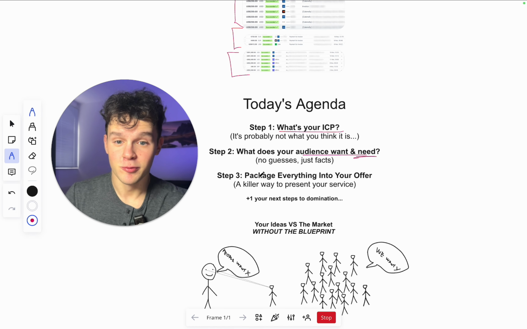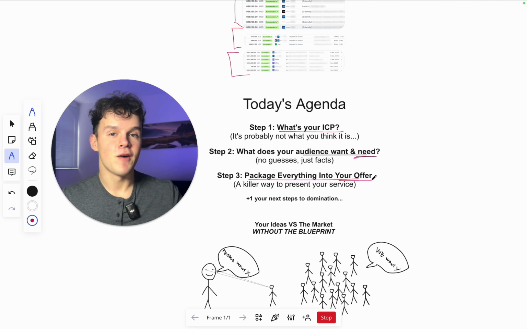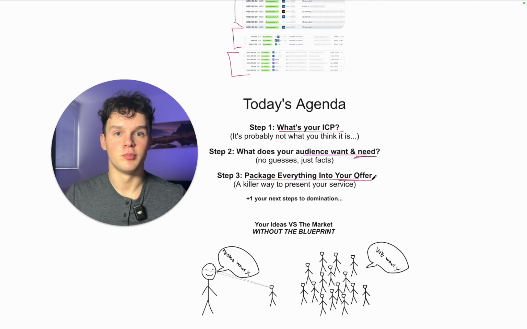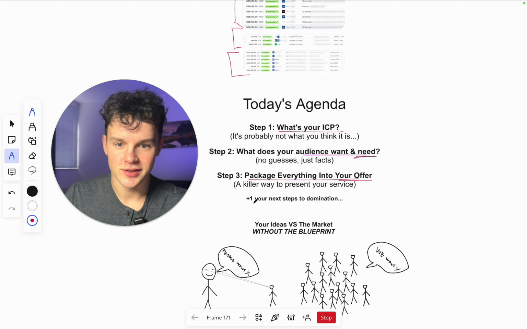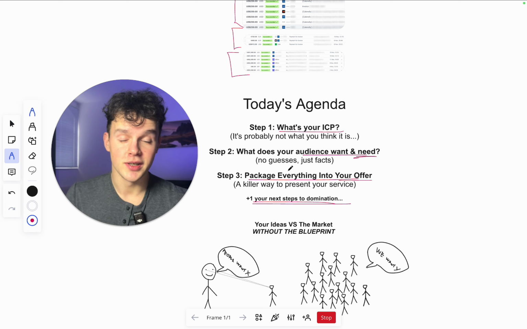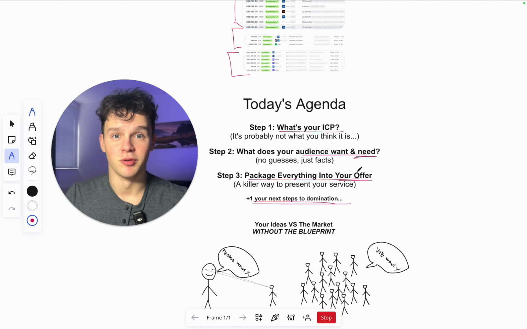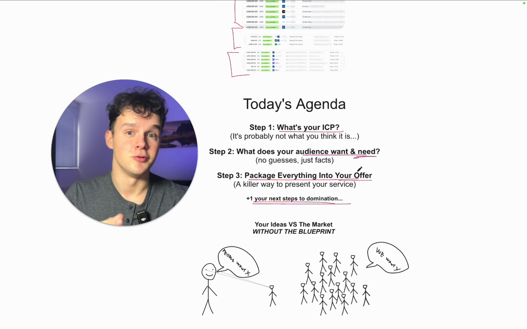And the third step will be how to package everything into your offer, into actually defining what the activation points of your clients will be and how you will get them there. And then the +1 step will be your next steps to domination and what you have to do from here in order to implement it, get the most eyeballs possible on your offer and get people to actually convert.